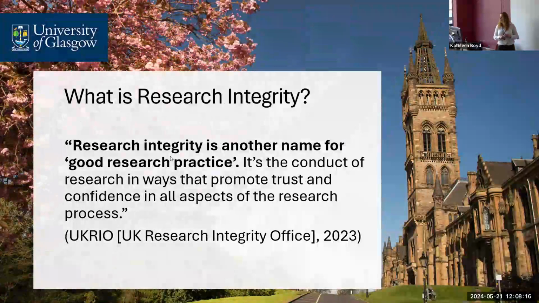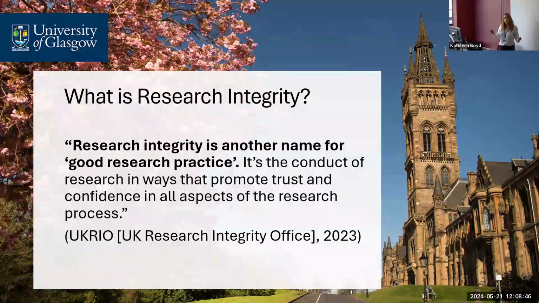So what is research integrity? Well, it's essentially good research practice. What research integrity wants to do is ensure that we have trust and confidence in all aspects of research. Research integrity isn't just relevant for one specific discipline, it's for all disciplines and all sectors, and essentially covers the whole life cycle, from the initial idea and conception, right through to the design, the undertaking of the research, and the dissemination practices as well.